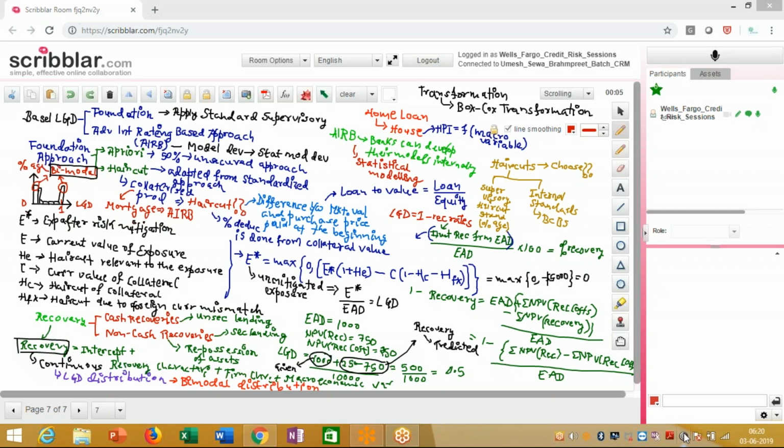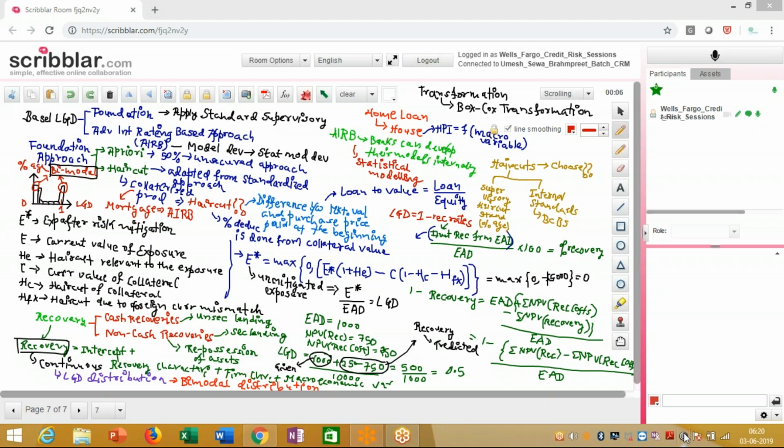Now over here what we saw was that we looked into the different definitions of recovery. Apart from the foundation approach, there was another alternate approach. What was that approach? That is the advanced internal rating based approach, which applies statistical methods for model development.